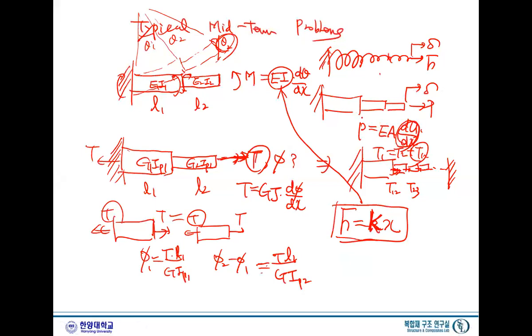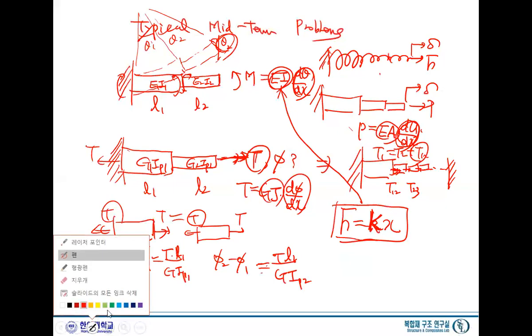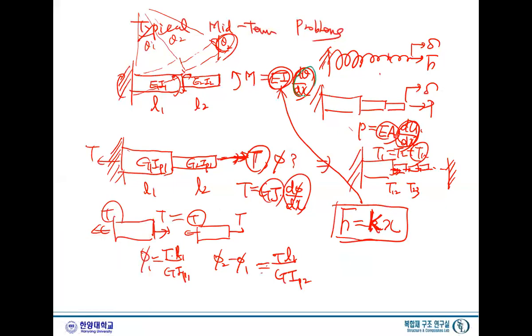So as you can see here, it is all the same concept: EA, EI, and GJ. And these are all corresponding to a deformation concept.